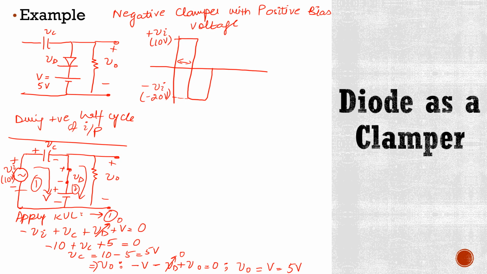So if you draw your output waveform, then it is like this, where during positive half cycle this output voltage is 5 volts.